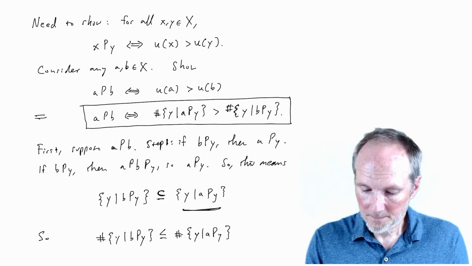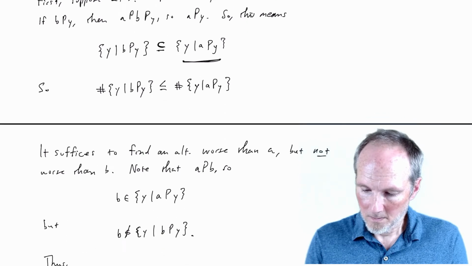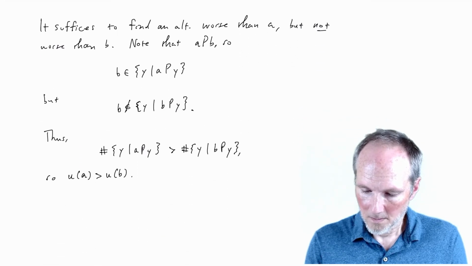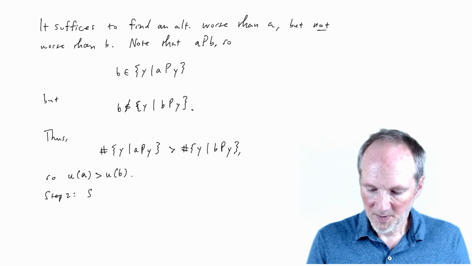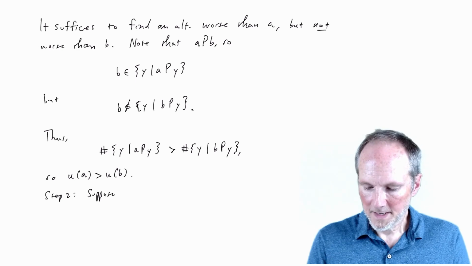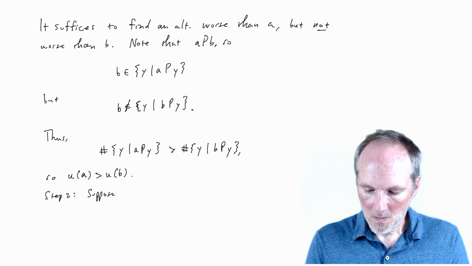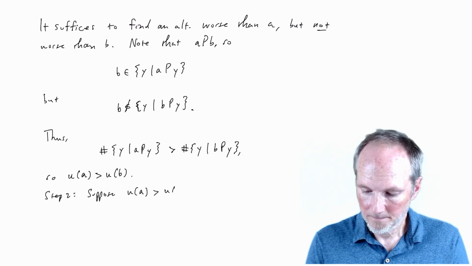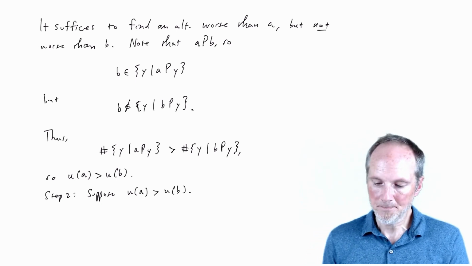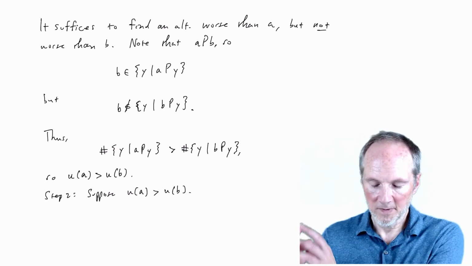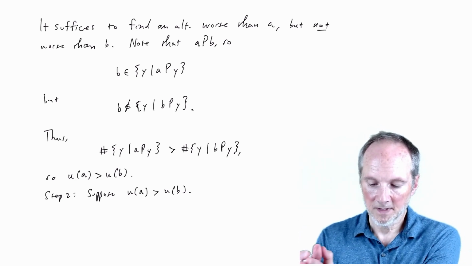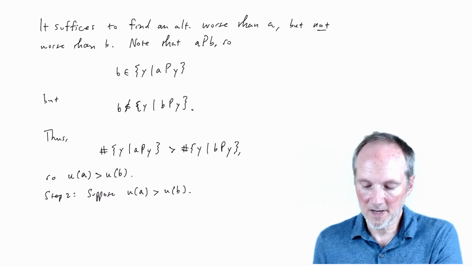So let's do step 2. Let's suppose that A has a higher number. We've defined this function. Suppose that the function gives A a higher number than B.